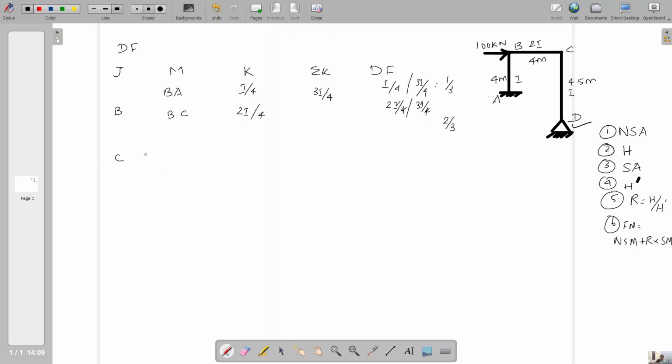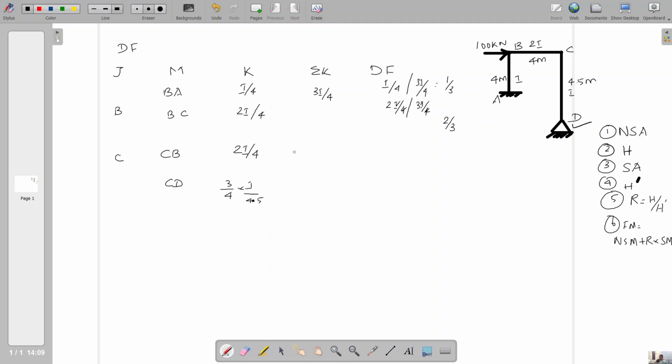For joint C, it includes CB and CD. CB is an interior joint, so it is considered to be fixed. So I by L, where I is 2 times I, so 2I by 4. When the far end is hinged, it is 3 by 4 I by L, where L is 4.5.